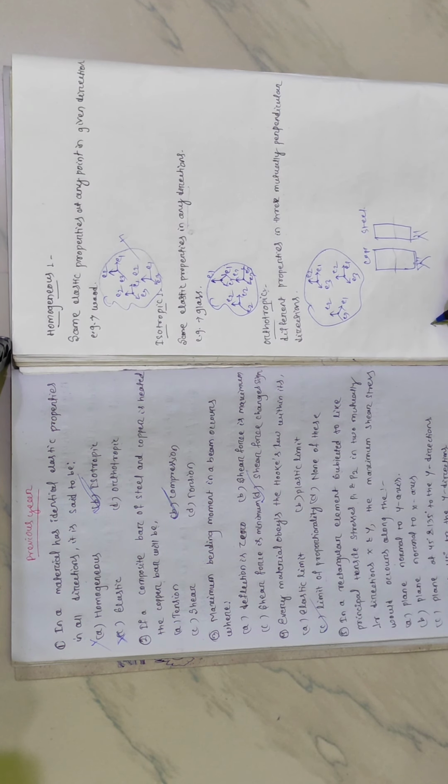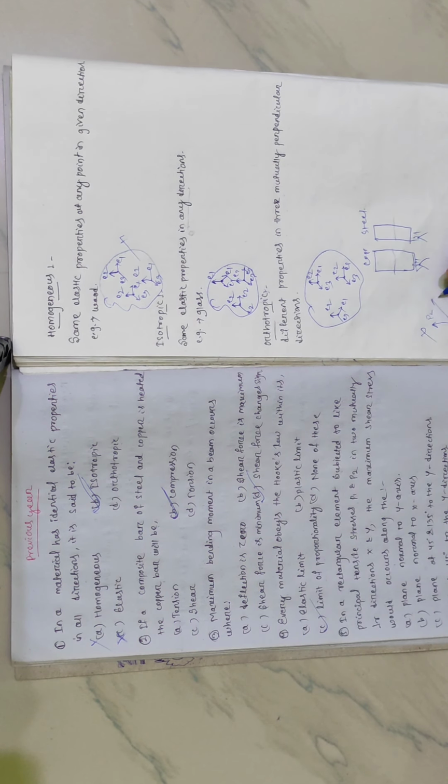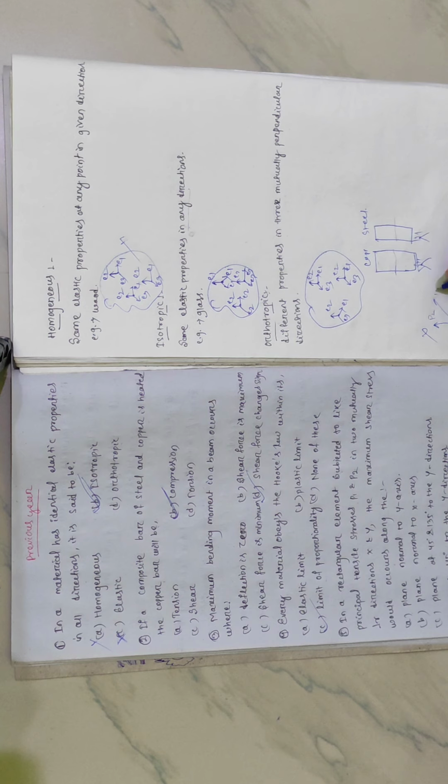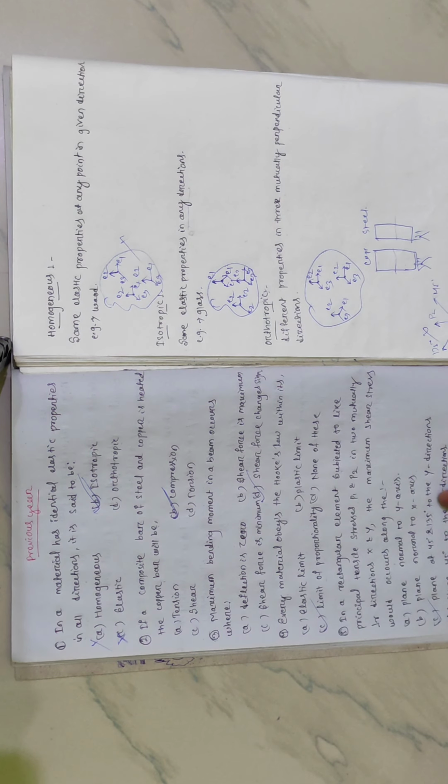Here this is P1, this is P2, here it is X and it is Y. This is the Y axis, this is the X axis. So it is 45, here it is 135 degree. So the answer should be plane at 45 degree and 135 degree to the Y direction.